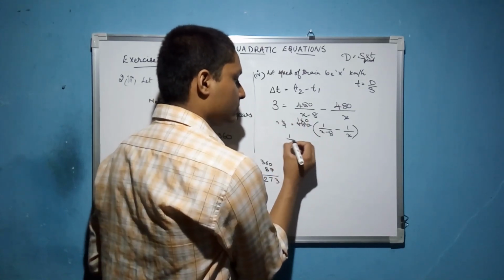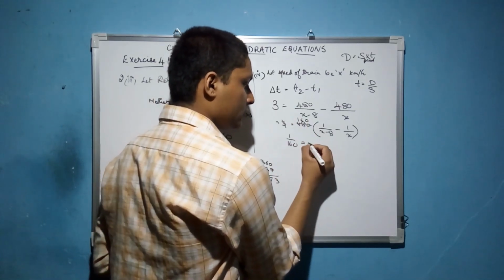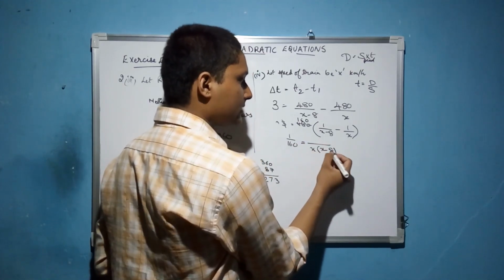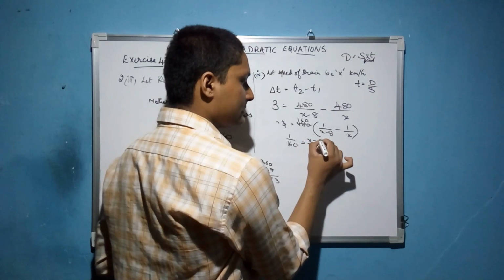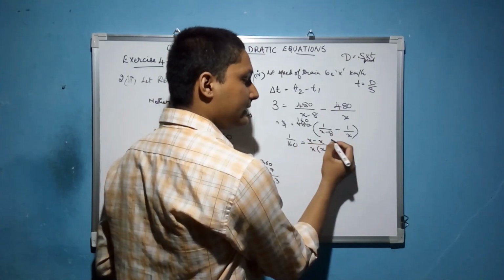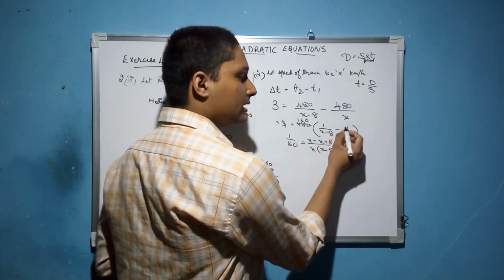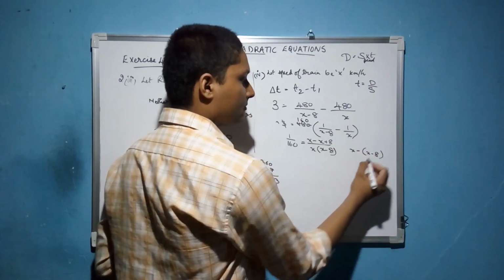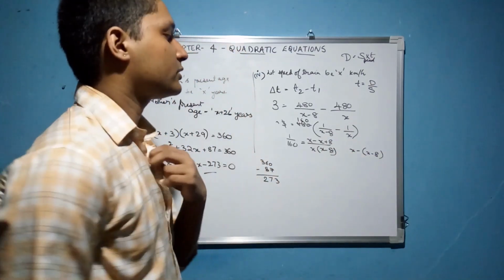So 1 by 160 is equal to, if you take the LCM, x into x minus 8 in the denominator. Then you have x minus of x minus 8, which is x minus x plus 8, because while taking the LCM you are going to do that.